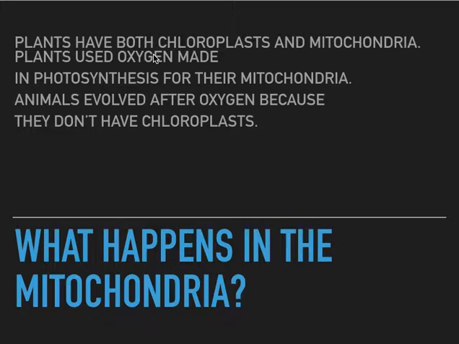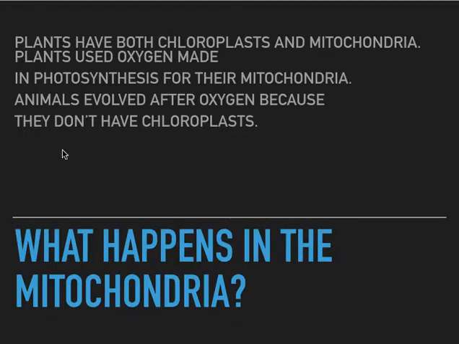However, their mitochondria do need oxygen. So some of that oxygen goes to their mitochondria, and the rest of the oxygen, because plants produce a ton of it a day, especially in the summertime in North Carolina, goes into the air for us to breathe. Okay, we don't have chloroplasts, but plants have both.